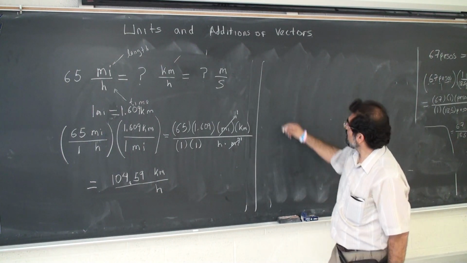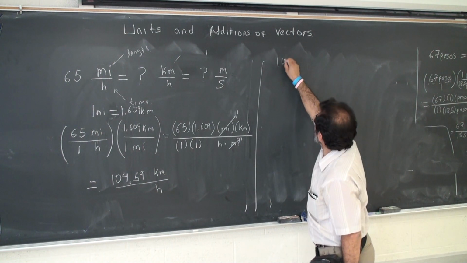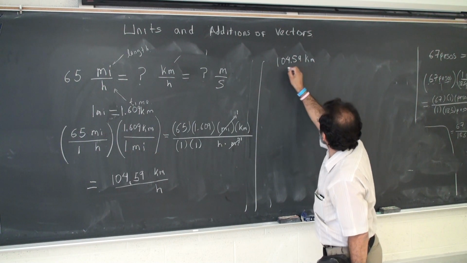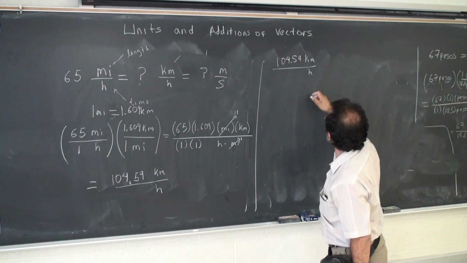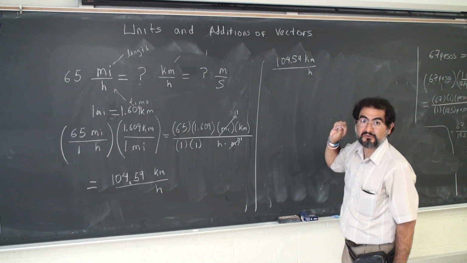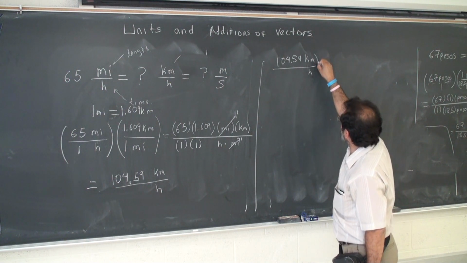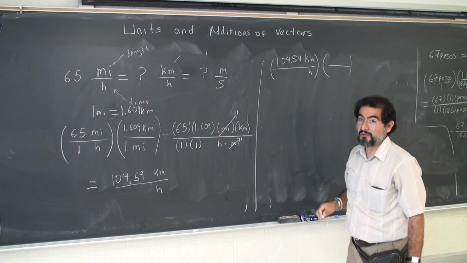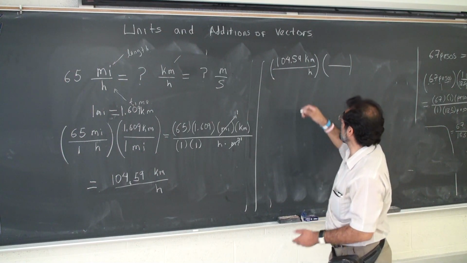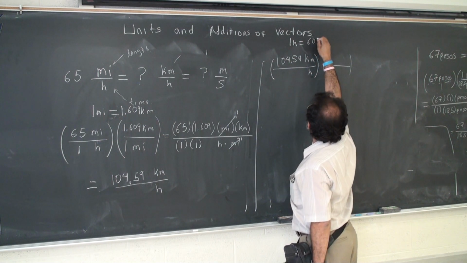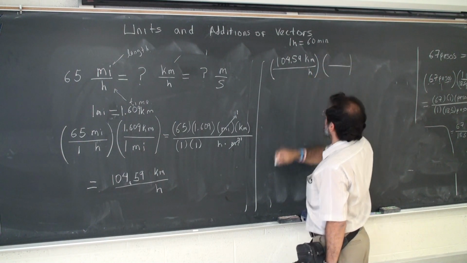Let's see. We have right now 104.59 kilometers an hour. Let's try to change right now the hours unit. I hope everybody remembers the equivalence statement: in 1 hour we have 60 minutes.